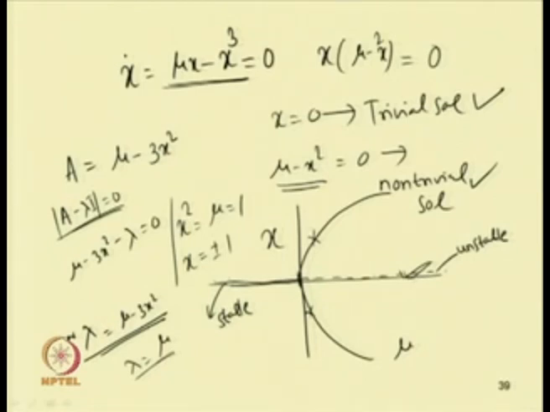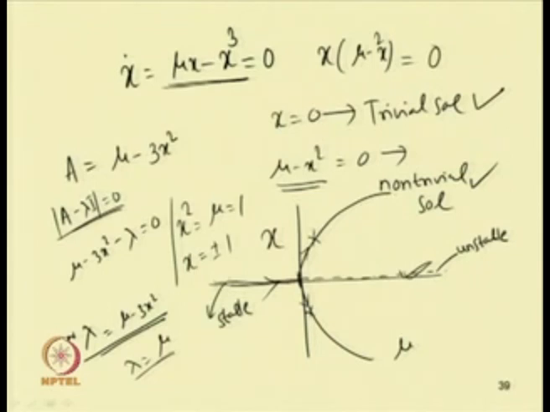So, if we increase this mu value from this side and we proceed, then we will have a solution along this line and then either it may proceed this way or this way. So, it will have a stable solution. As the trivial branch is unstable, the system will follow the stable branch.